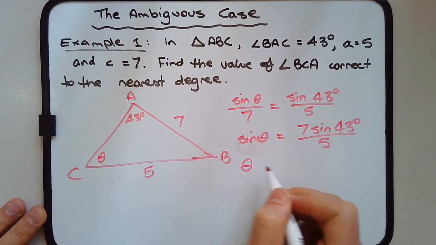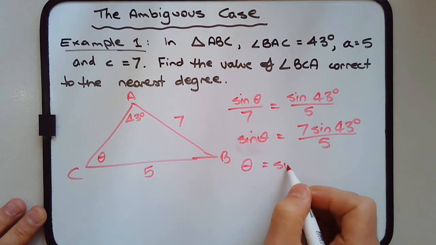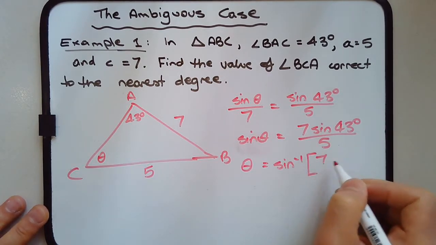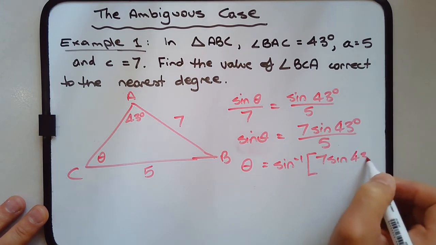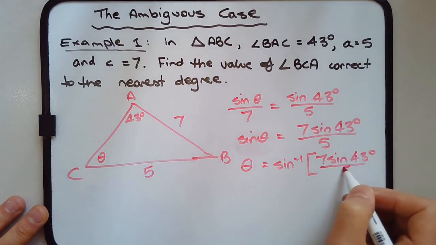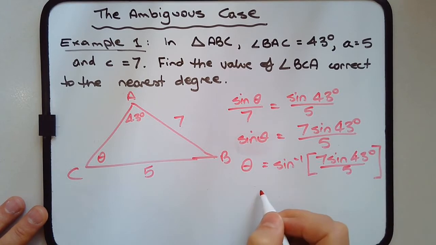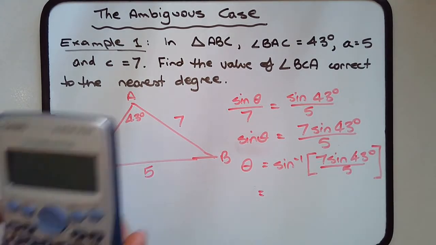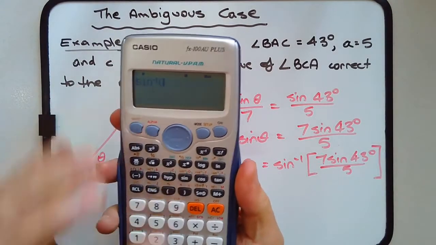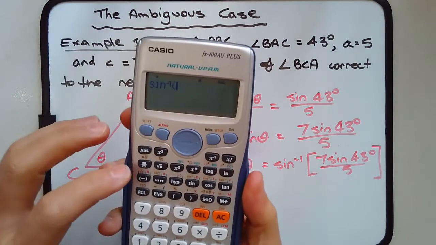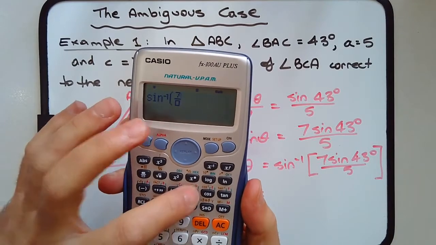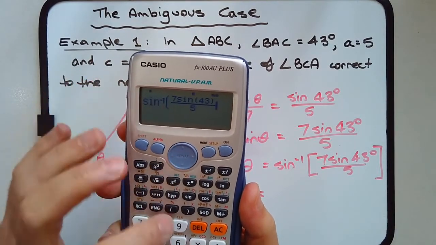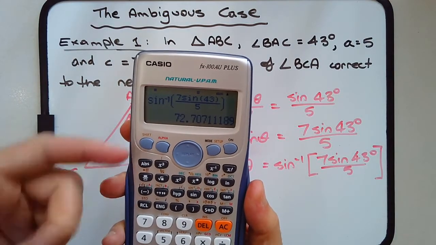Make theta the subject of the formula, so that's inverse sine of 7 sine 43 degrees over 5. It says the nearest degree, so we're not then distracted by all the rounding. So inverse sine of 7 sine 43 degrees over 5, and we get 73 degrees.